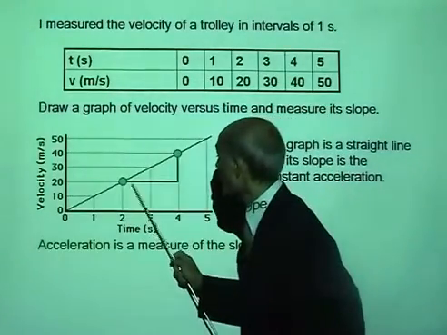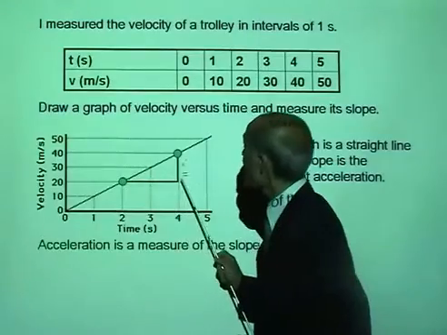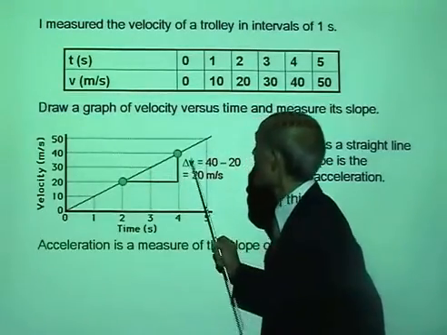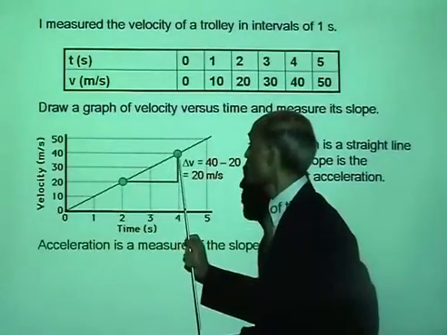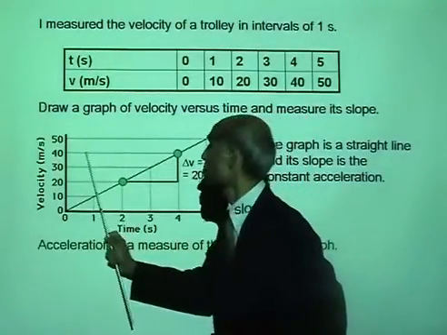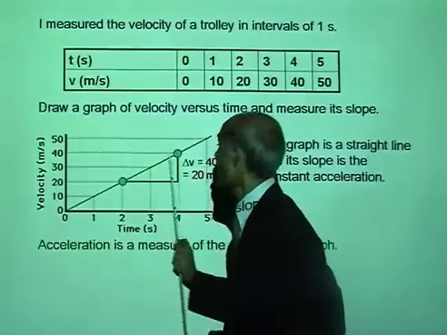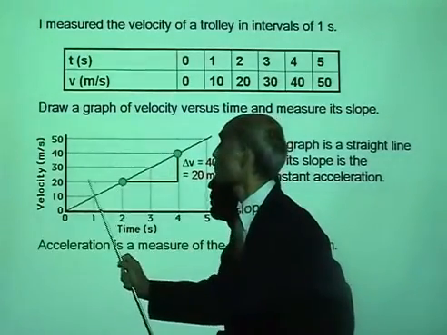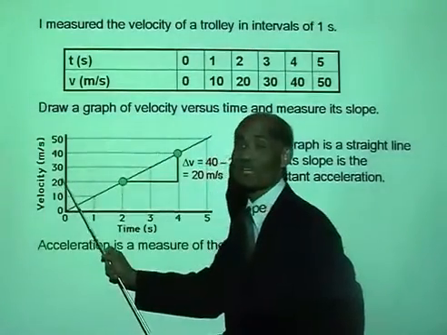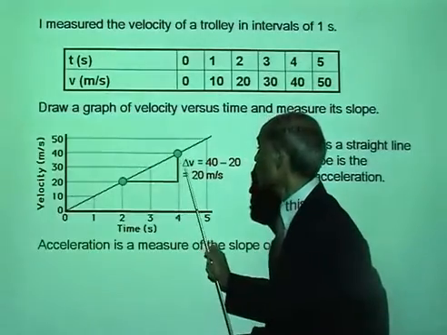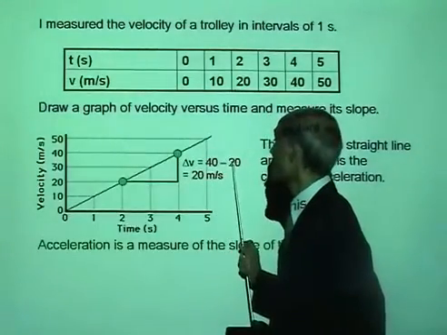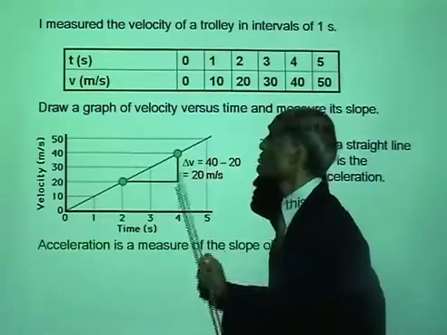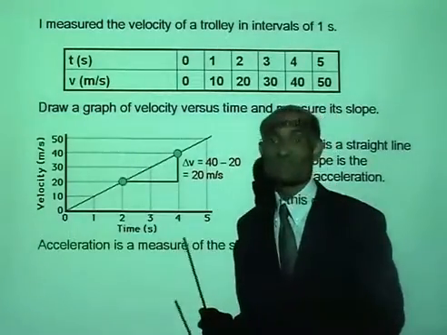Alright? What is the change in velocity here? How did I get the change in velocity? Look at this. At this point, the velocity is 40 meters per second. And on our first point, the velocity is 20 meters per second. Therefore, the change in velocity, delta v, is 40 minus 20, that is 20 meters per second.